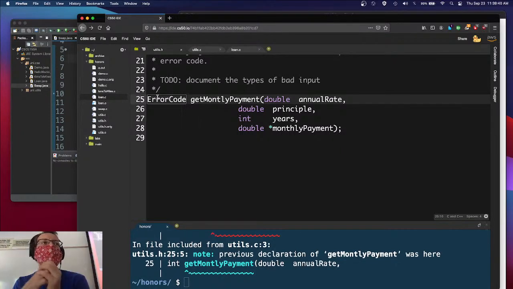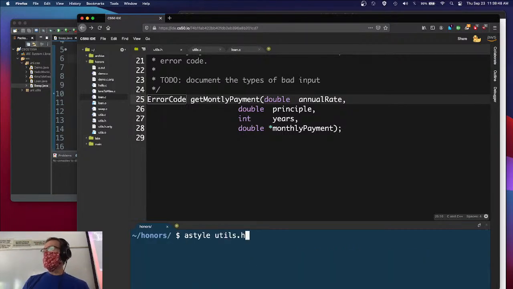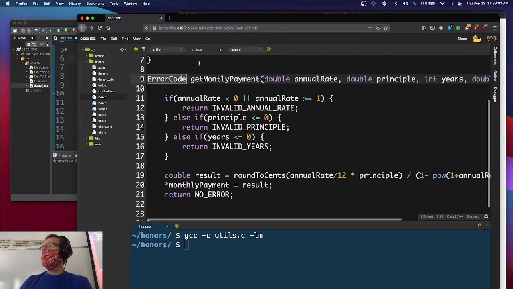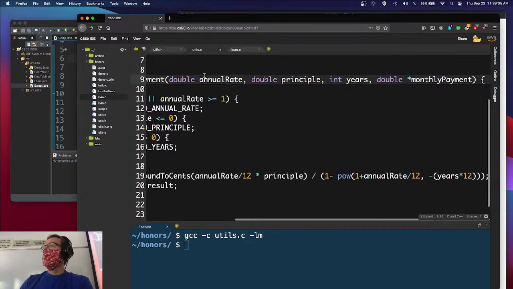Go ahead, question. For the Unix commands, you have to do the gnu99. Not in the CS50 IDE, because I think that's the default. If you're on CSE, yes, you do, because that's not the default. Right? Yeah. Did we change the error code in utils.c as well? Yes, we did. Yep.